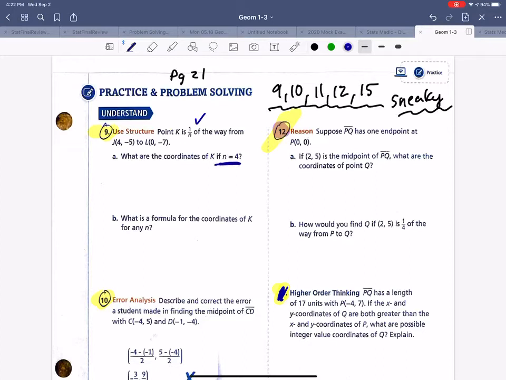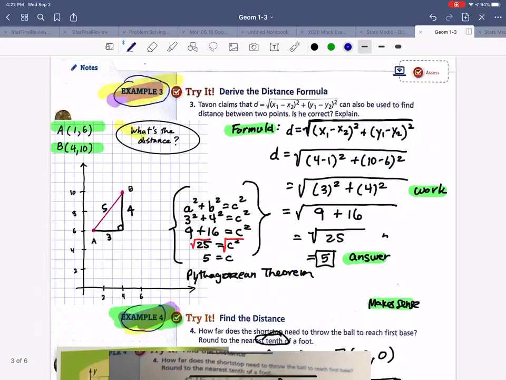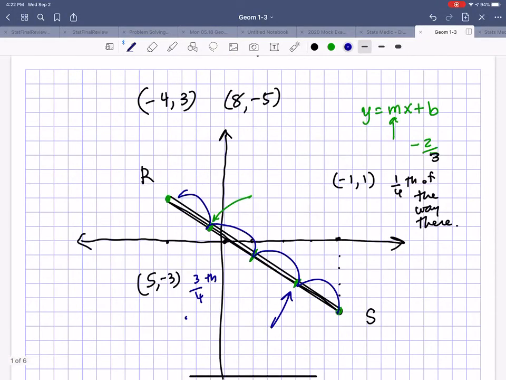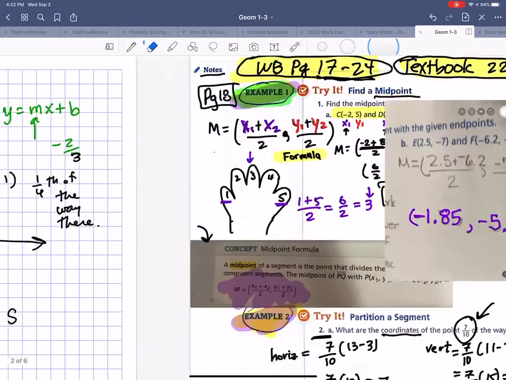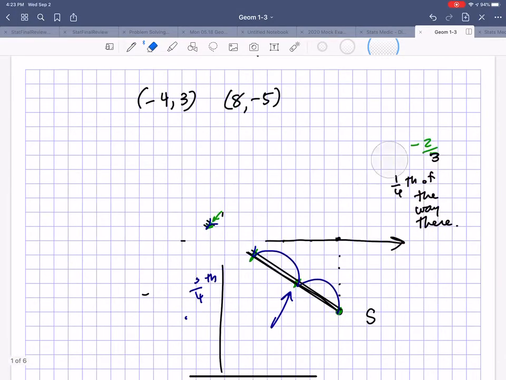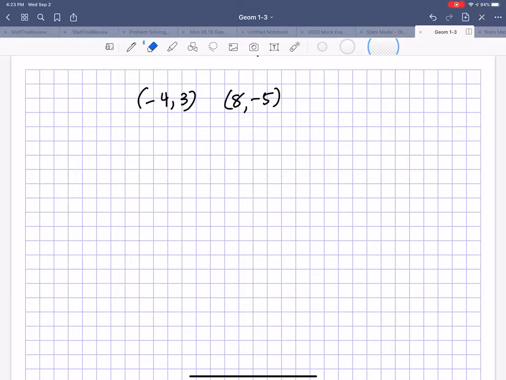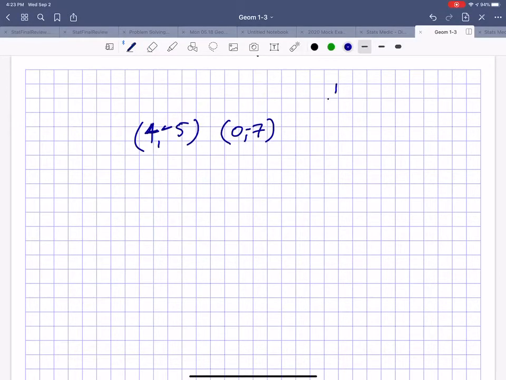So if you have some graph paper, or just sketch it out on notebook paper, plot (4, -5) and (0, -7). Then they ask, what would you do if you wanted to go 1/n of the way there? And n happens to be 4.